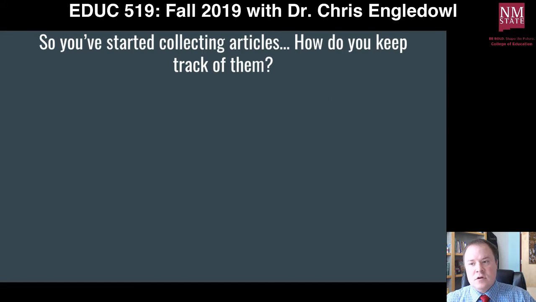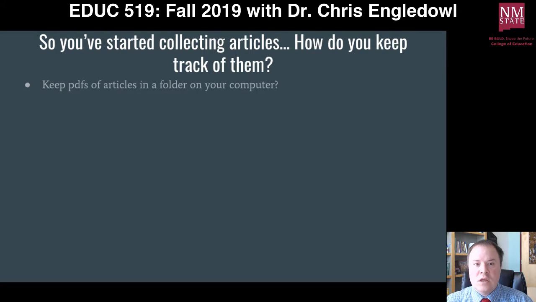All right, so once you've started collecting articles, how do you keep track of them? What some people do is keep track of PDFs of articles in a folder on their computer. While this might seem like a thing that you might be able to do, what happens when you get 30, 40, 50 PDFs?